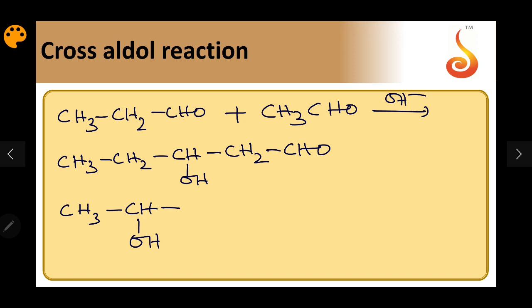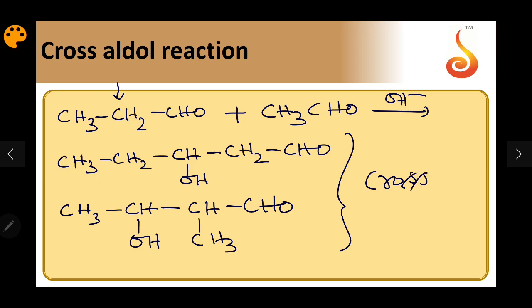So propanal alpha carbon is this. So I have to join that only, CH CH3 CHO. These two are the cross products. Along with that, even self product is also formed. So self product of propanal, self product of acetaldehyde, totally 4 products are possible for this particular crossed aldol condensation.